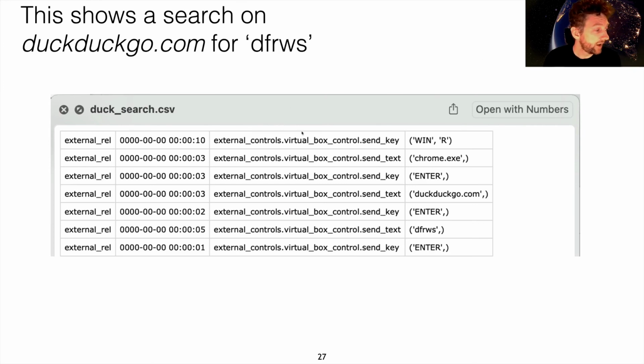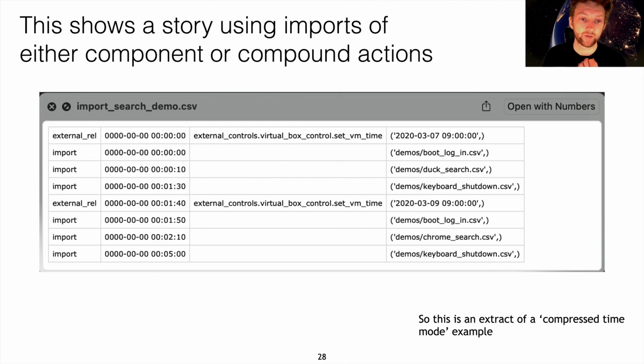This one shows the way that when you're limited to the keyboard, you can launch programs and do searches. The reason I include this here is actually to show you that you have this sort of relatively small thing here that you can put in something called ducksearch.csv, but actually in terms of component actions or larger stories, you can actually do some actions here, but then you can basically import external files just to make this story a lot easier.